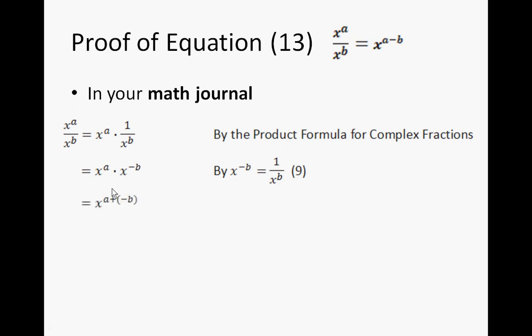Well, if that's the case, then by our equation number 10, we can write this as an addition of the exponents. So this would be a plus the opposite of b, which is being shown right here. And then because of the definition of subtraction, a plus the opposite of b is the same thing as a minus b. Therefore, notice how we started with this expression and we have finished with this expression, which means that this is true.